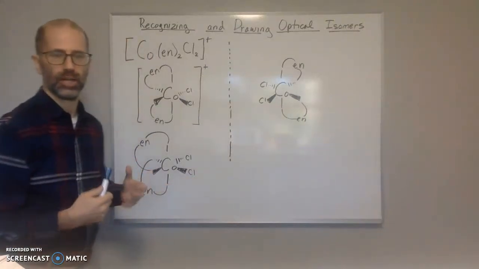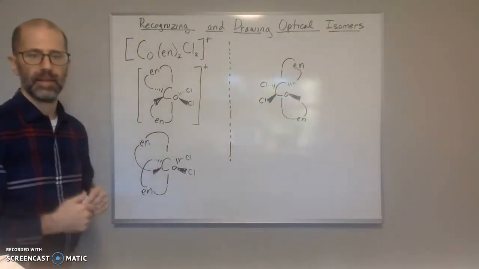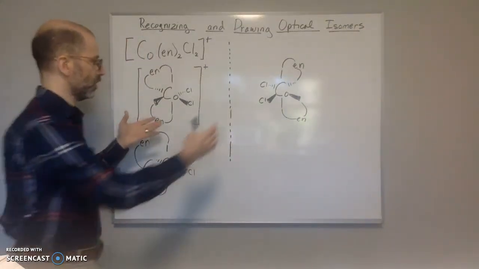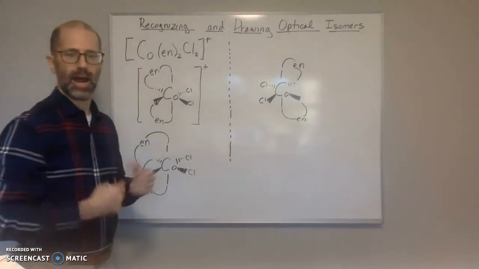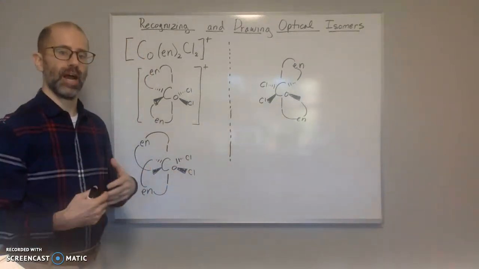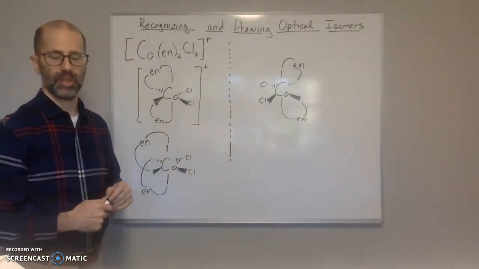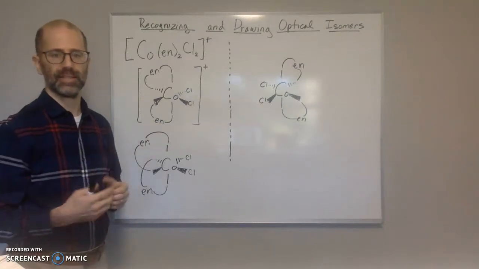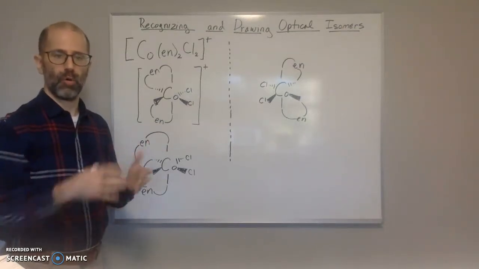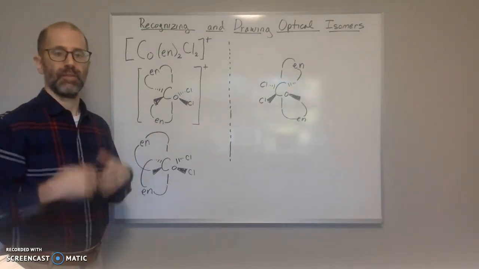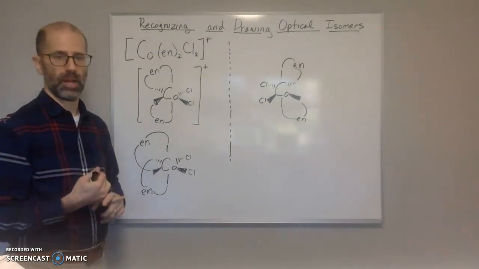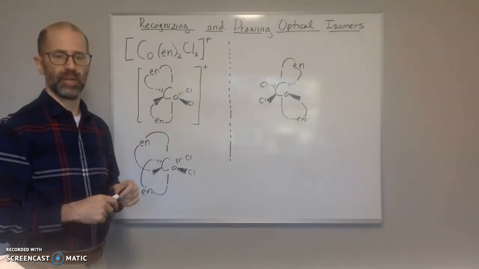Now the next thing we want to do is decide if these two mirror images are optical isomers or if they are not optical isomers, meaning that they are exactly the same molecule, and so therefore they will be superimposable. If they're not superimposable, then they're different molecules and they are optical isomers.